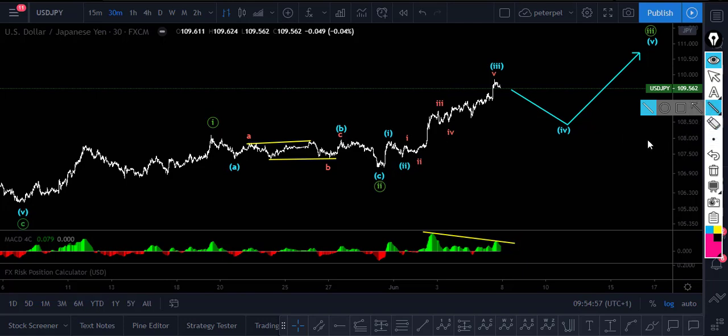So now the best way to trade this one, now we've seen that it's matching with our wave analysis and we have the MACD. Let me add one additional confluence so that you can trade safely. What you can do is add a trend line. So now we've had a trend line.